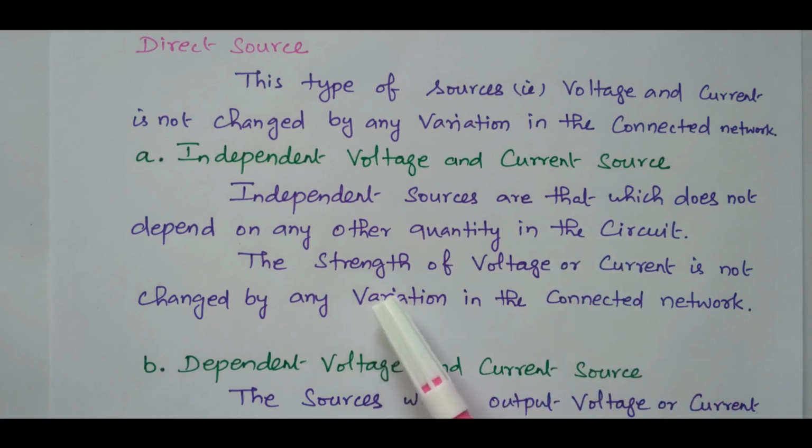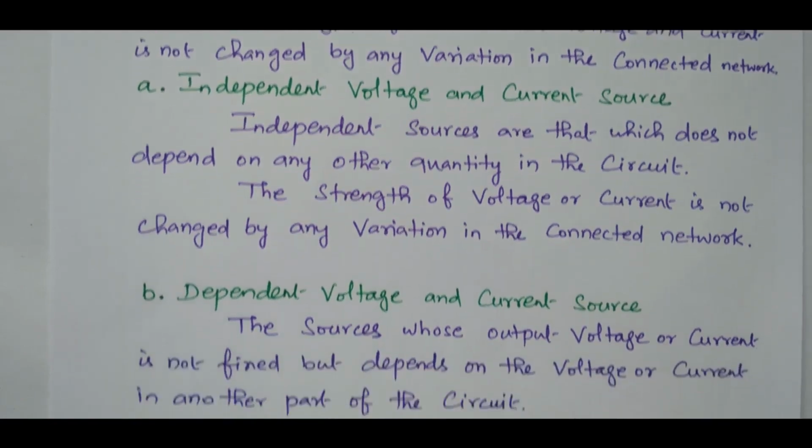That is, the strength of voltage or current is not changed by variation in the connected network. It always gives constant voltage or constant current. That's why it is called independent.